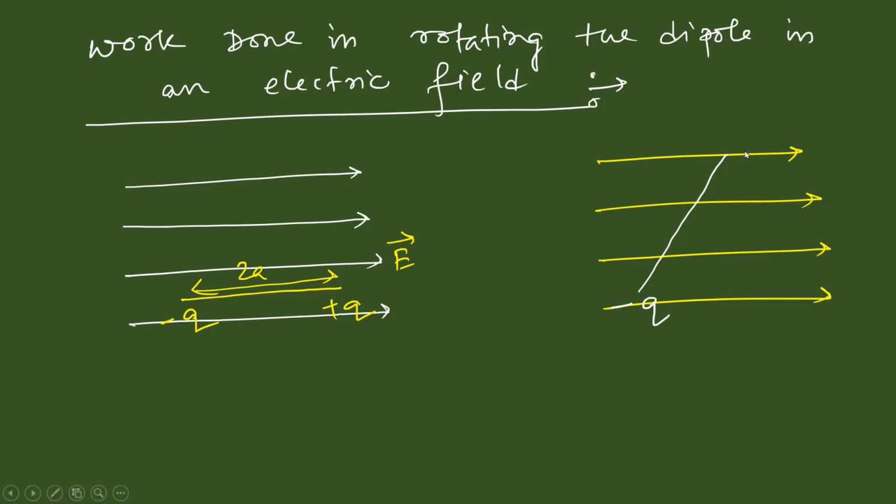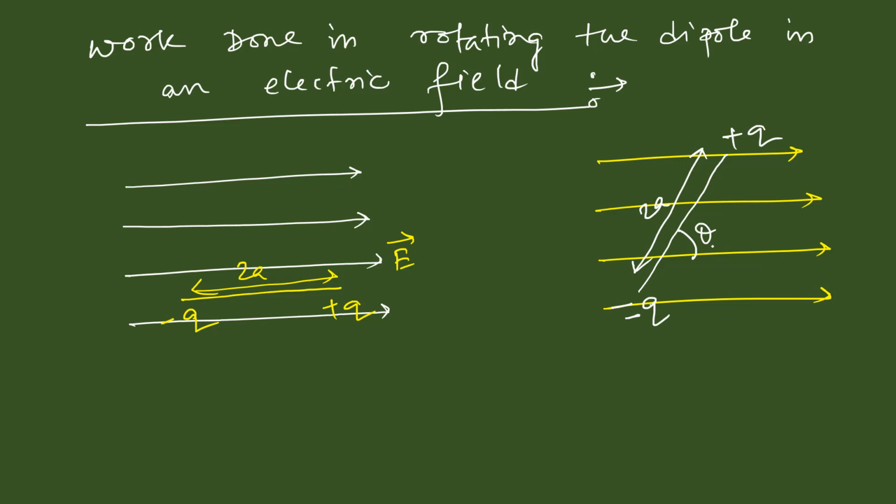This is my minus q, this is my plus q, right? The separated distance between the two charges is 2a. Now whenever the dipole is rotated in a uniform electric field with an angle of theta, the inclination angle can be said to be theta.